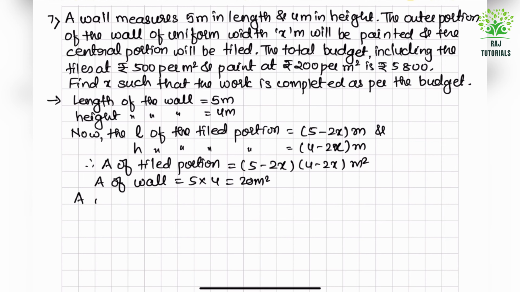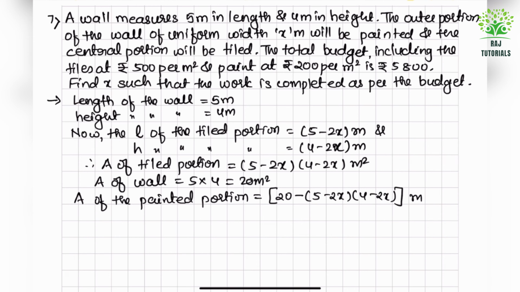Now area of the painted portion is equal to 20 minus (5 minus 2x) into (4 minus 2x) meter square.